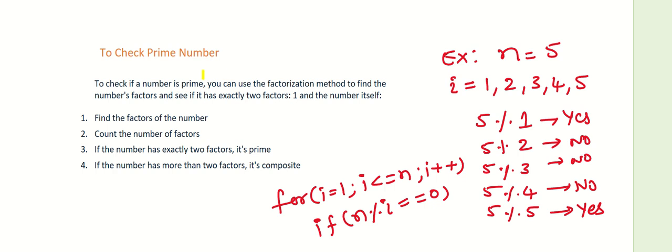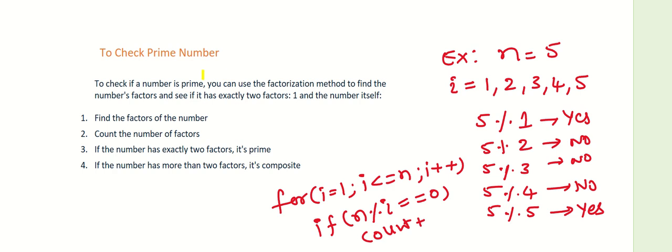If n % i is equal to 0, we'll check: the remainder is 0 means it is a factor. If the remainder is not 0 means it is not a factor. So what we'll do is, if n % i is equal to 0, we'll increase the count.